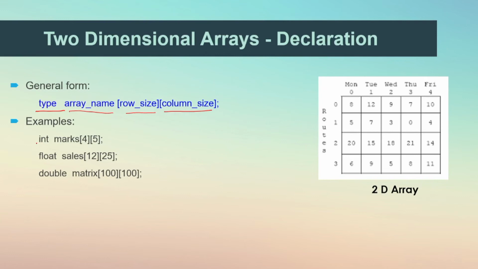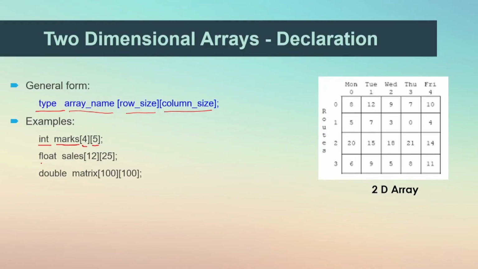We can see the syntax applied to a few examples, like int is the data type, marks is the array name, 4 is the row size and 5 is the column size. If it is 4 by 5, then we can store 4 into 5, that is 20 elements, as shown in the figure.